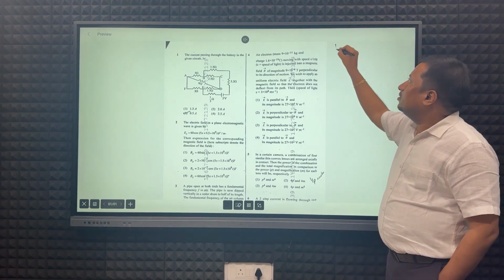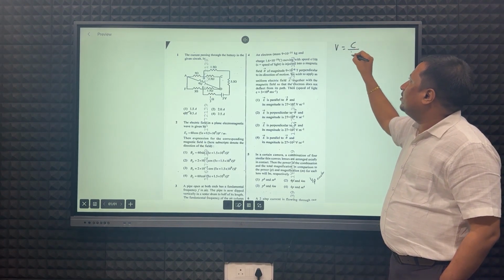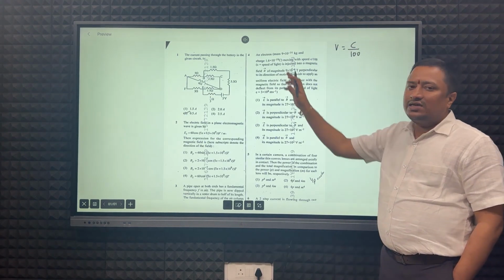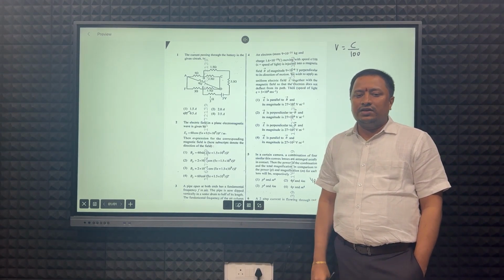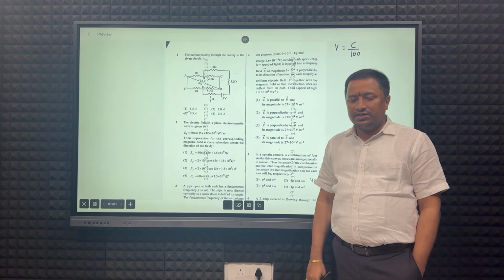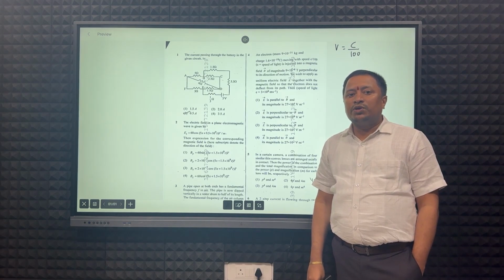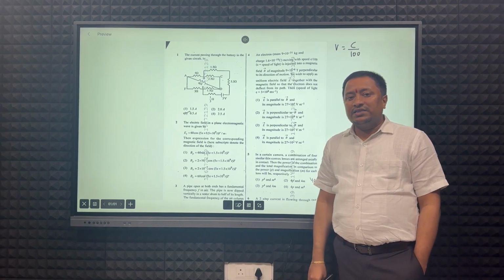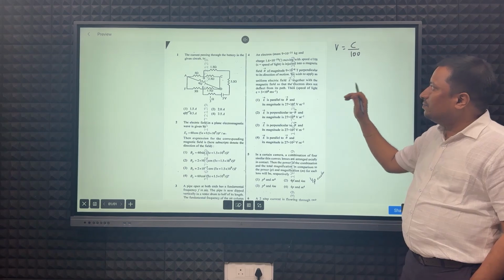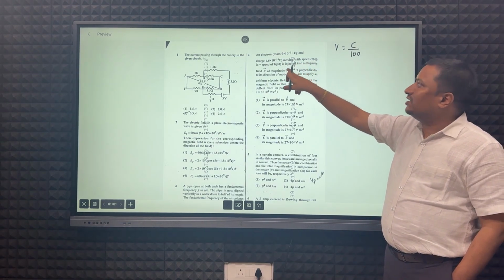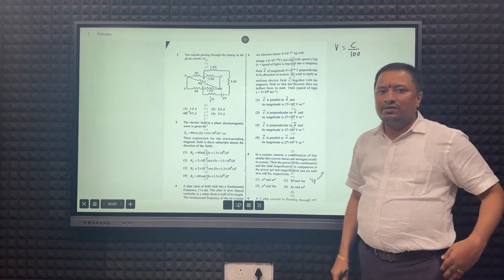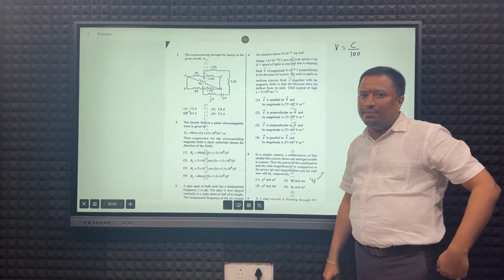So there is an electron which has got negative charge and a mass of 9.1 into 10 raised to power minus 31 kg. Charge on it is minus 1.6 into 10 raised to power minus 19 coulomb. Now what is happening here? They are saying that this is moving with a speed of c by 100 and it is injected in a magnetic field.